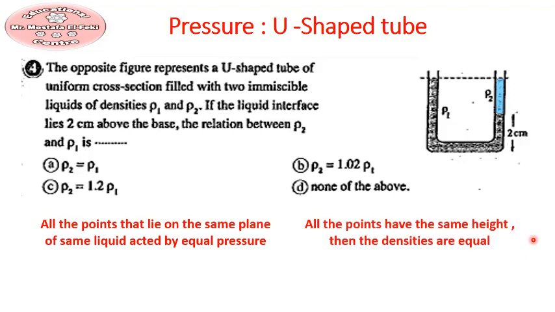Then all the points that have the same height have the same pressure. This means that they have the same density. Since they have the same height, the liquid on the right side has the same density as the liquid on the left side. Then rho 1 equals rho 2.